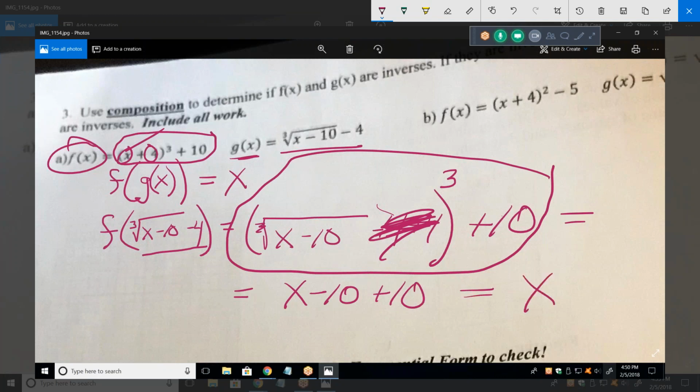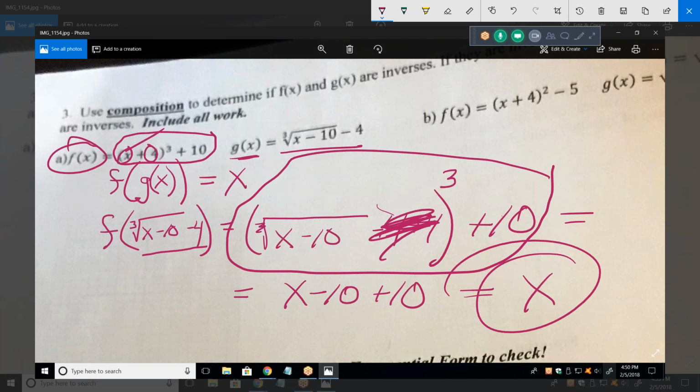That's equal to x. All right. That means g of x is the inverse of f of x and vice versa. It's also correct to say that f of x is the inverse of g of x. Once you prove two functions are inverses of one another, then you can go both ways on it.